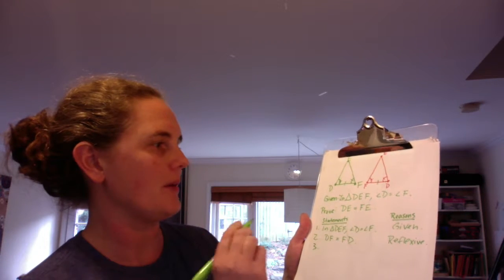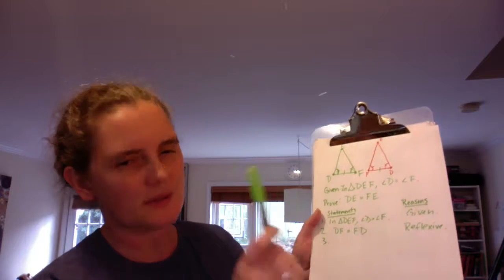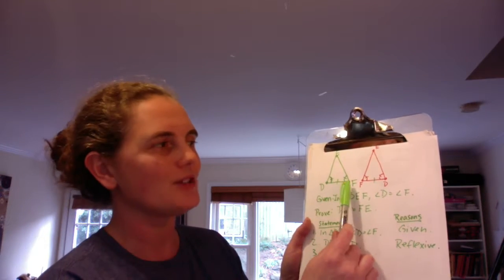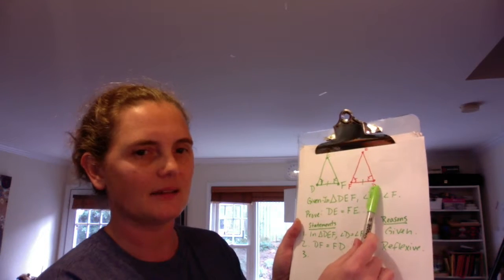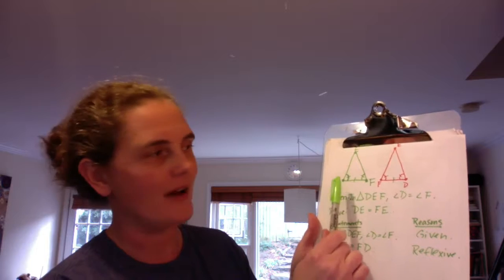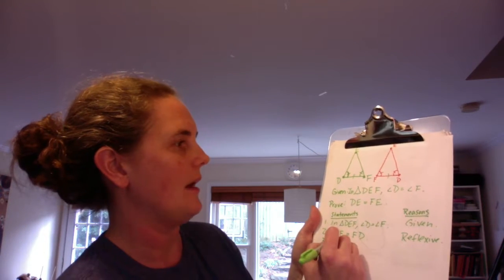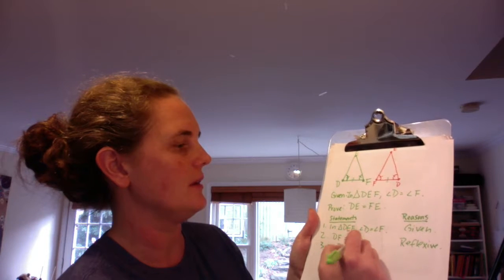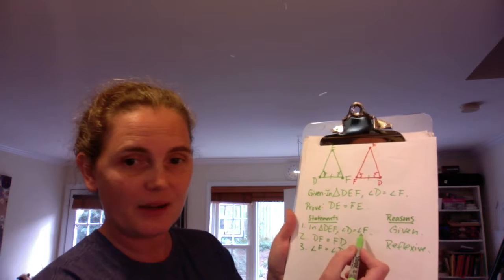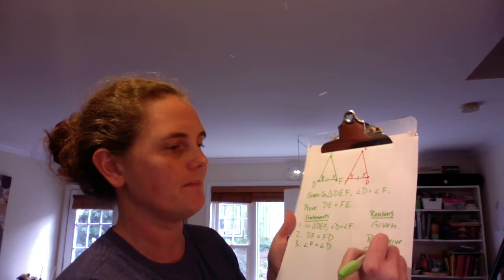The only other thing we need to do is show that F is equal to D. Technically, we've only shown D equal to F. We haven't shown F equal to D yet. So let's do that, and that way we'll really have angle side angle. Angle F is equal to angle D, and you can get that from this step right here. All you need to do is switch them. That's called the symmetric property.